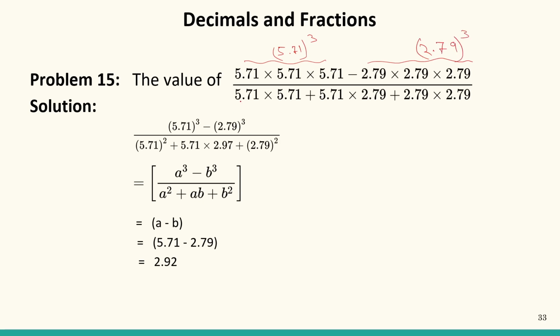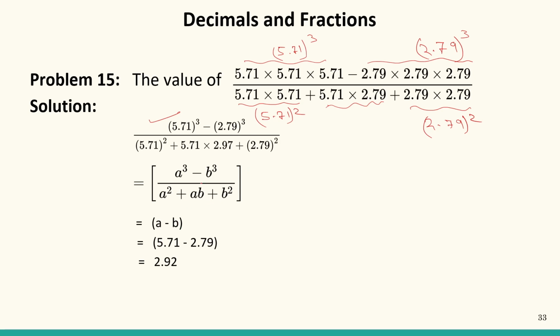This part is 5.71 whole square, then we multiply these two, and here 2.79 whole square. We use the formula a cube minus b cube whole by a square plus ab plus b square, which is nothing but a minus b.